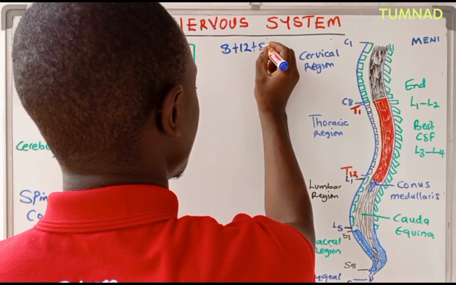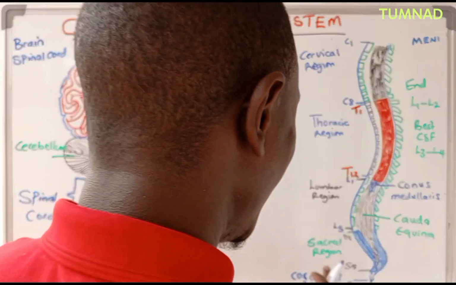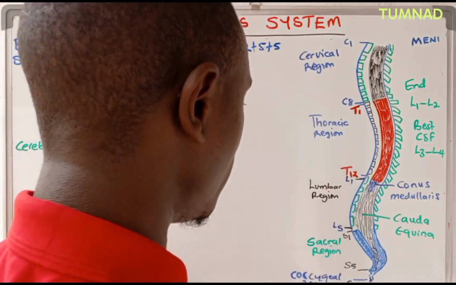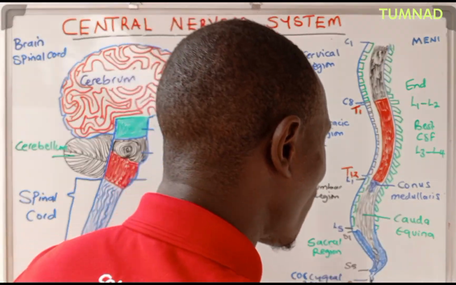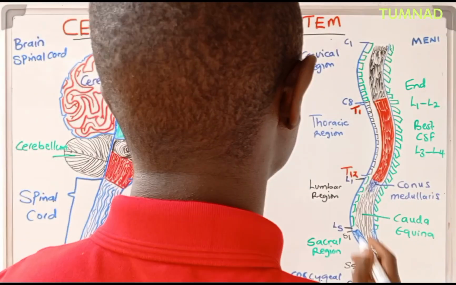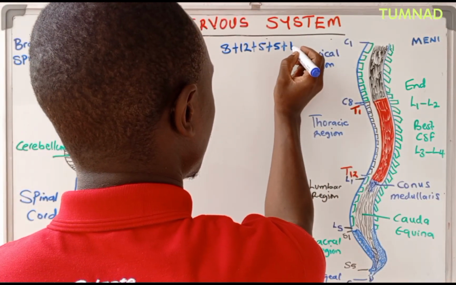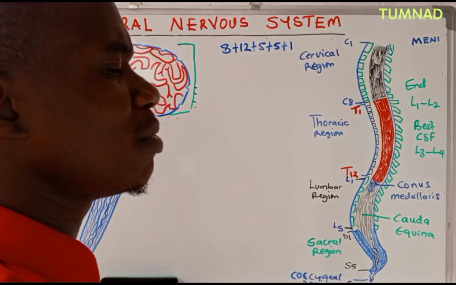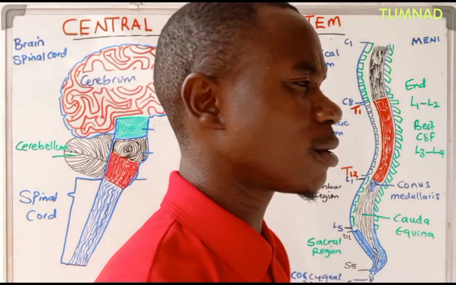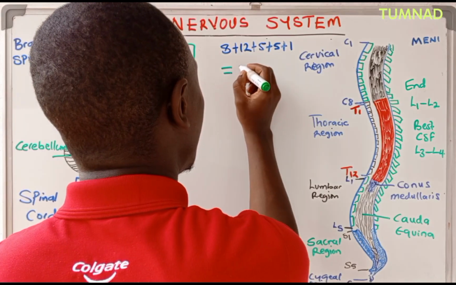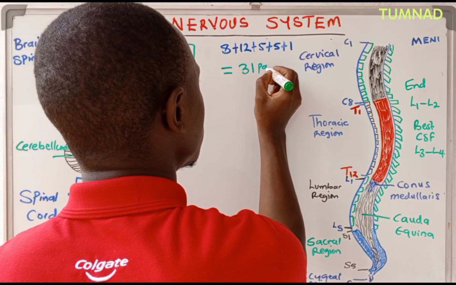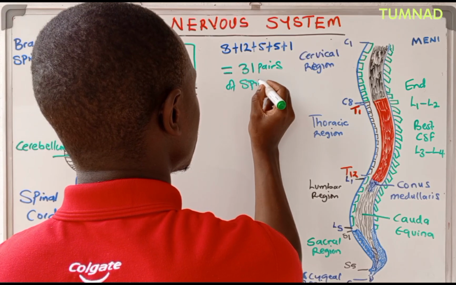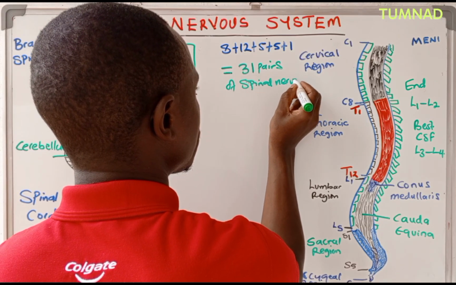Then in the sacral region, we still have 5 pairs, and then we have only one from the coccygeal area. So simple mathematics, how many pairs are exiting from the spinal cord? They are 31 pairs of spinal nerves.